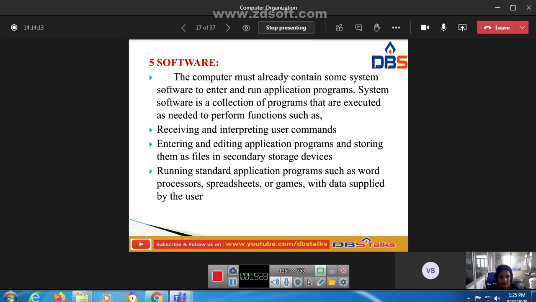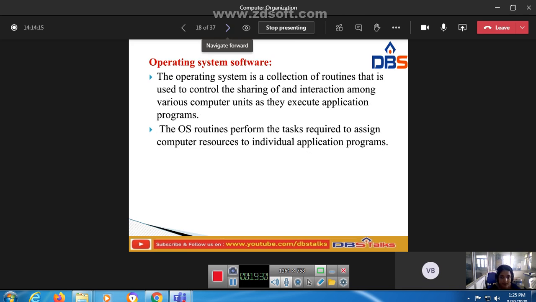So what is operating system software? The operating system software is a collection of routines that is used to control the sharing of and interaction among various computer units. As they execute application programs, the operating system routines perform the tasks required to assign computer resources to individual application programs.